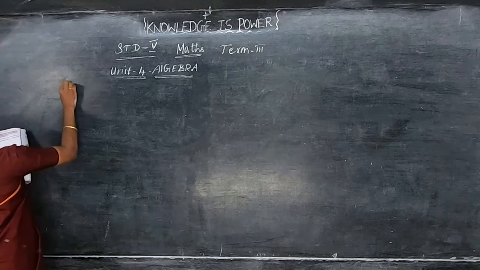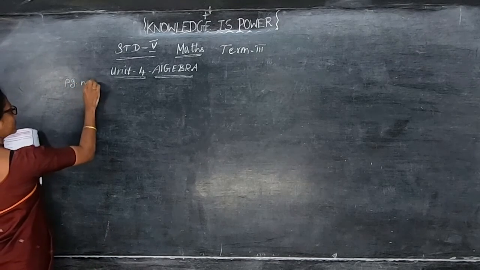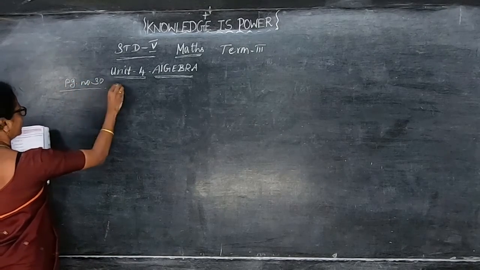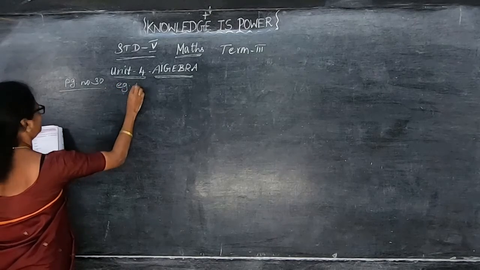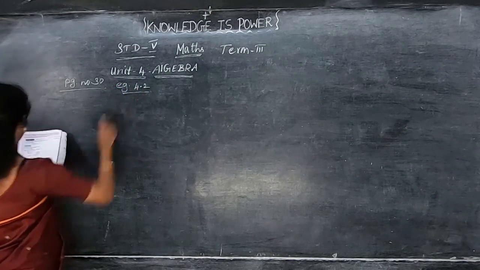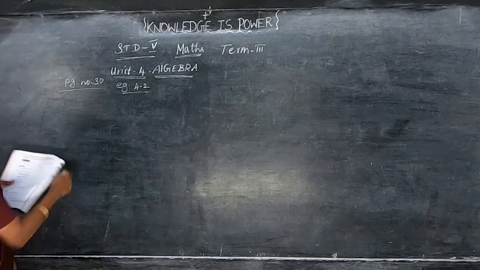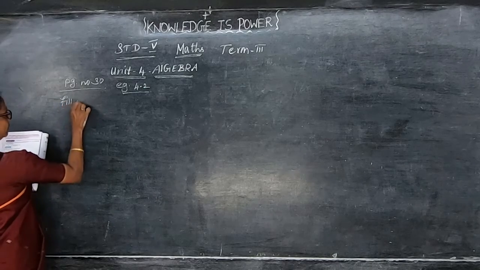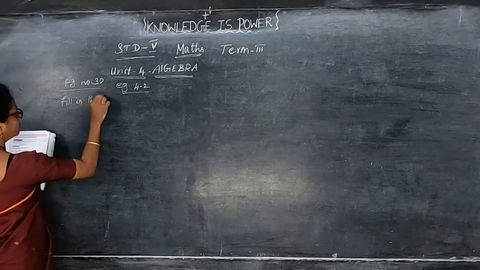Page number 30. Example 4.2. Here fill in the boxes between the expressions. They are given the heading. So this also you have to copy down, children.